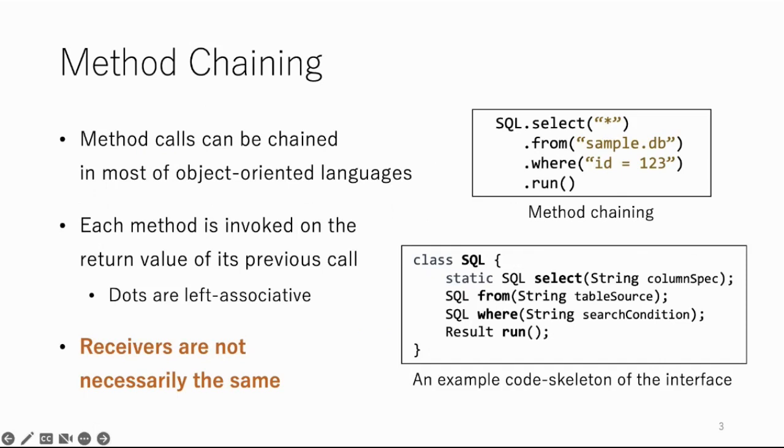The point is the receiver of the from method is the return value of the first select method. And then it invokes the third method, where the receiver is the result of from.